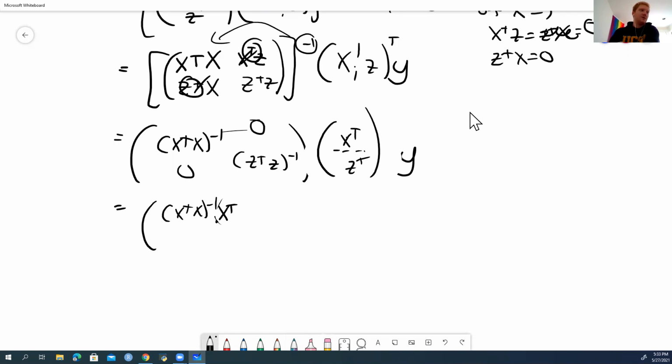Sorry, this is transposed, that's why I was confused. And then the bottom is going to be 0 plus (Z transpose Z) inverse Z transpose, times Y. I'll put Y there individually. And notice that this is what you get for your beta hat value in this expression, and this is equal to beta hat from above. So they're equal.